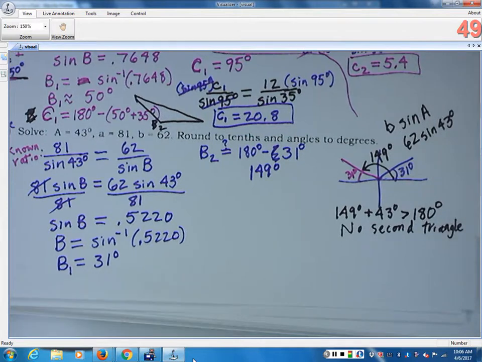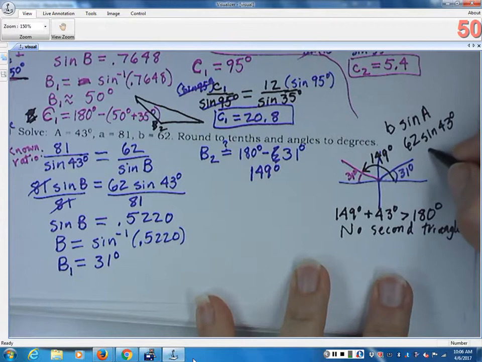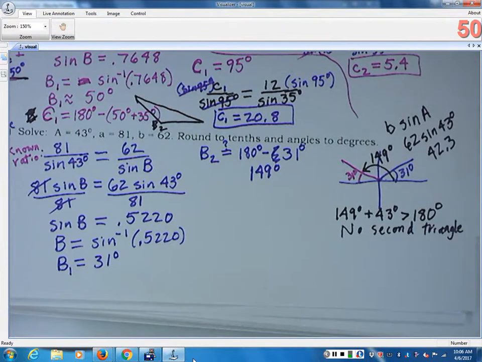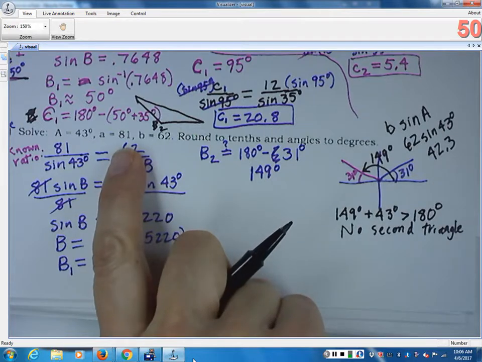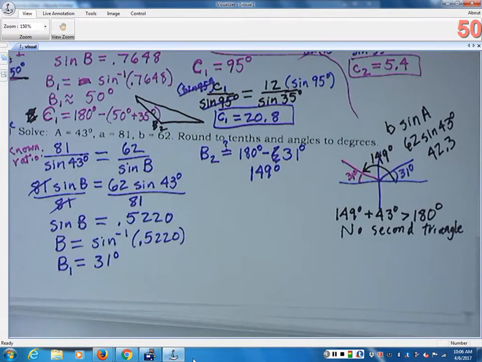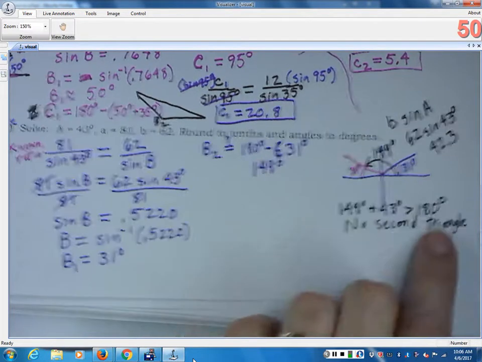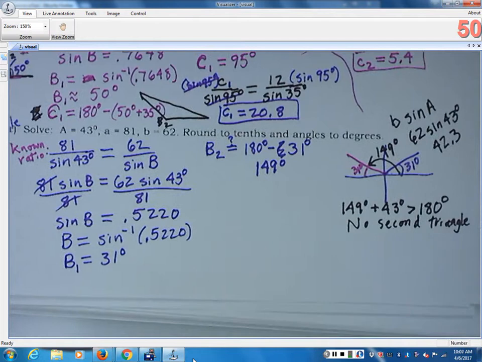You have to look at the instructions, but it's 42.3, let's say. Your A is greater than that, and your A is greater than your B, so there's only going to be one triangle. Oh, okay, so the instructions on that sheet say that, but also you can tell because it doesn't add up to 180. Okay.